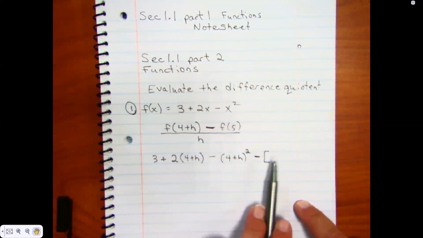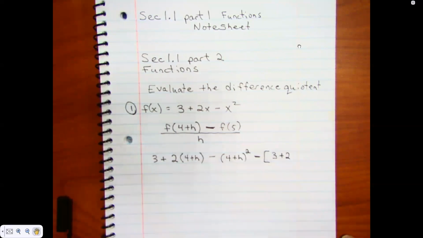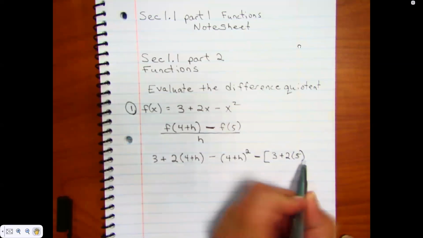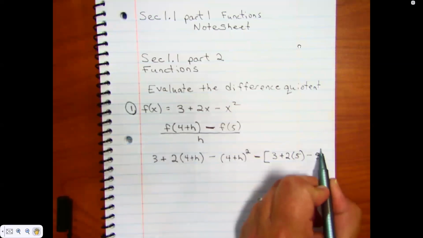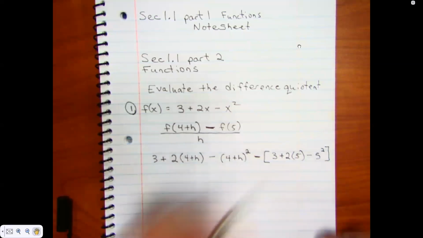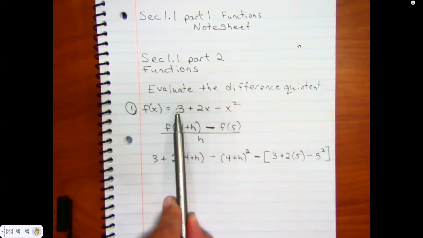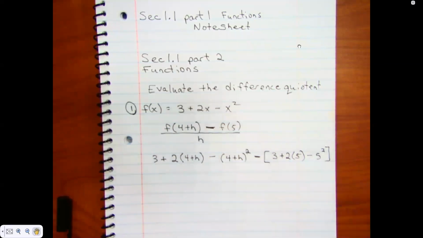So minus parenthesis, 3 plus 2. What are we going to put in place of x? 5. Minus, in place of x, 5, and then square it. So make sure that you do the entire function. A lot of people will do 3 plus 2 and put in there, and then they kind of stop. So make sure that you follow it all the way through.